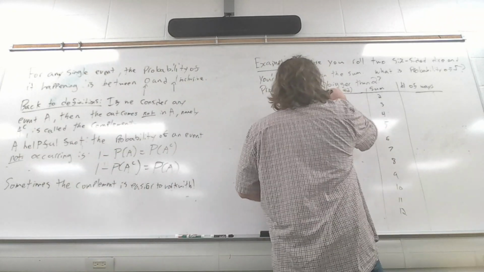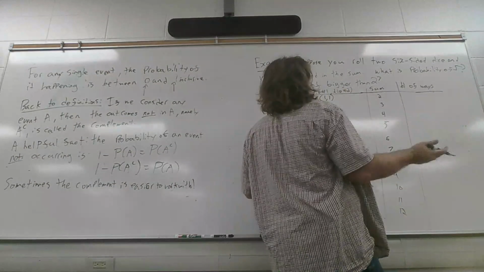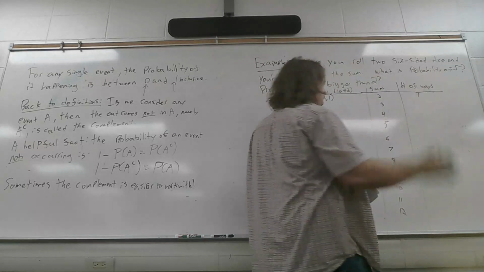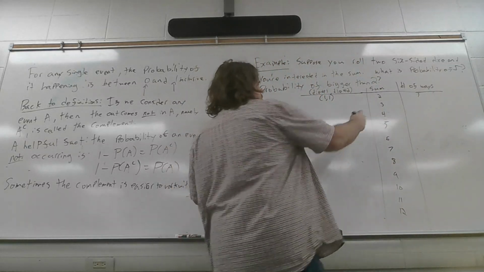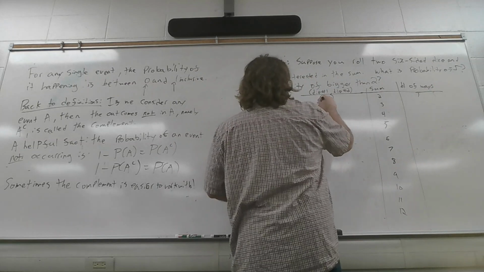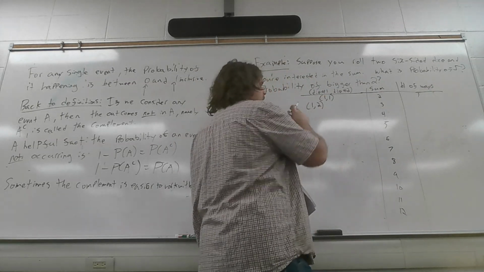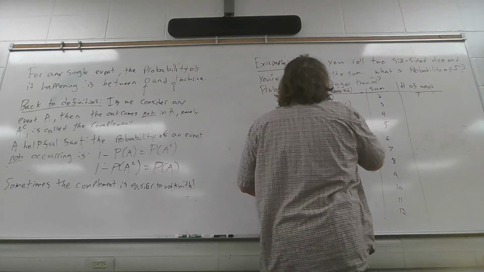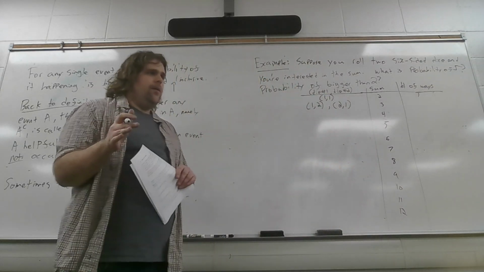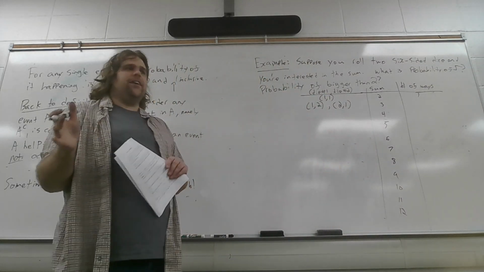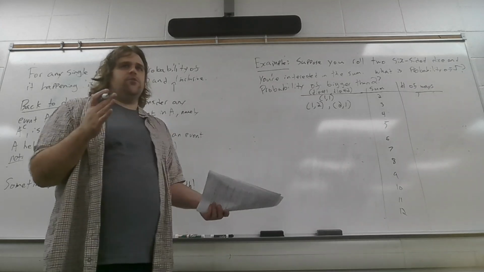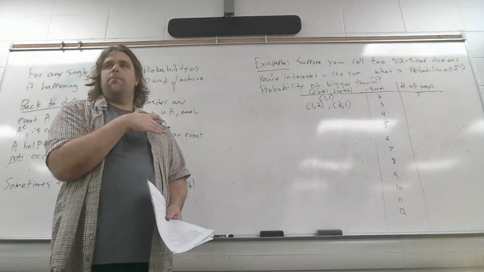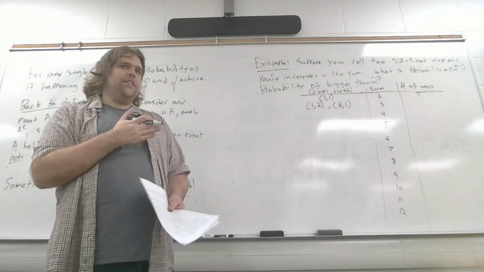So here, we want to roll a 2. Well, there's only one way to do that. We roll 1 and 1, right? We want to roll a 3. We could roll a 1 and a 2, so die 1 could be 1, die 2 could be 2, or we could roll 2 and 1. There's 2 ways to do that. The reason we need to include both is because if we exclude one, then we're lowering the chance of this number coming up, making it lower than it actually is.